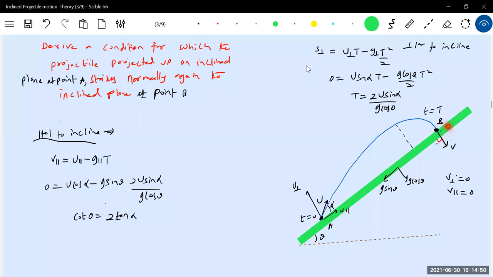If this strikes normally, then what is this component? Should be 0, no? Resolve the resolution of vectors. Two tan theta equal cot alpha. I'm getting a different thing here. Oh, okay. This one, cot alpha equals 2 tan theta.